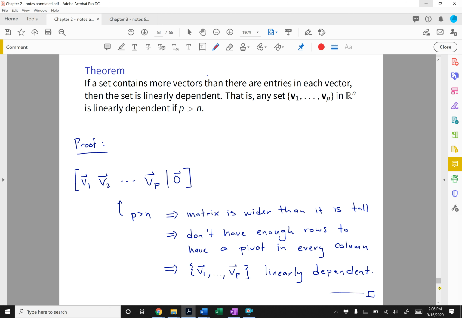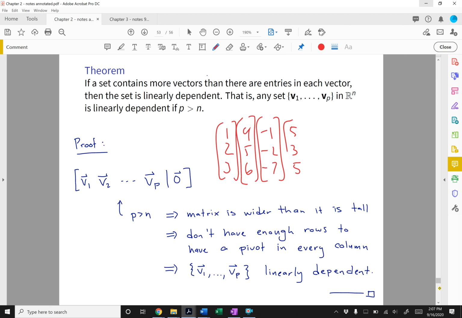So there are some ways to quickly know if a set is linearly dependent. If we have a set of vectors, I should have just done these as columns of a matrix, and here I have 3 coordinates for each, but I have 4 vectors.